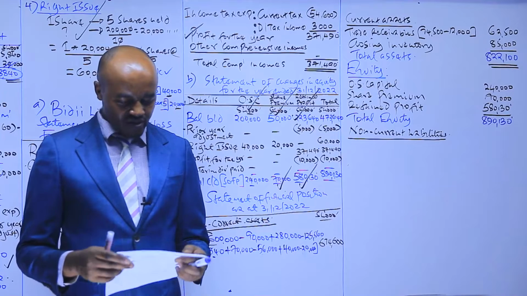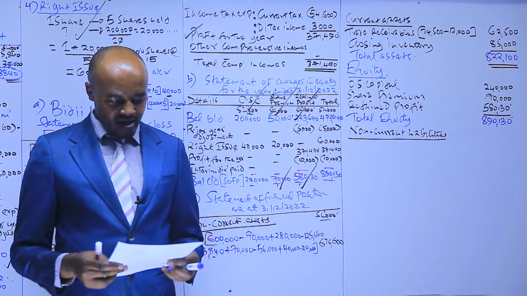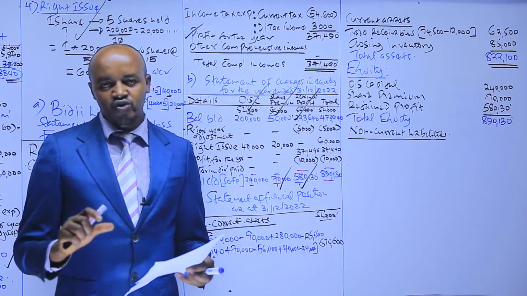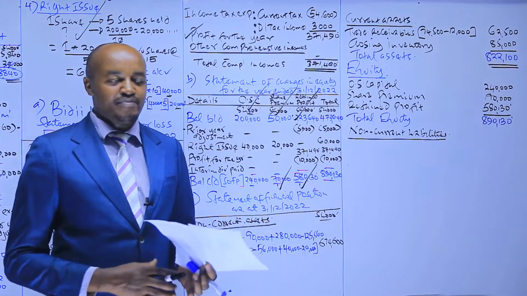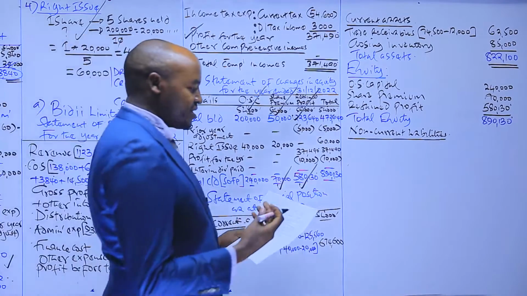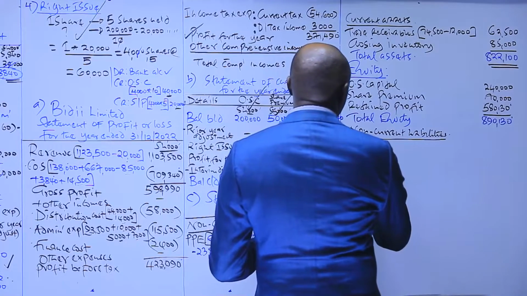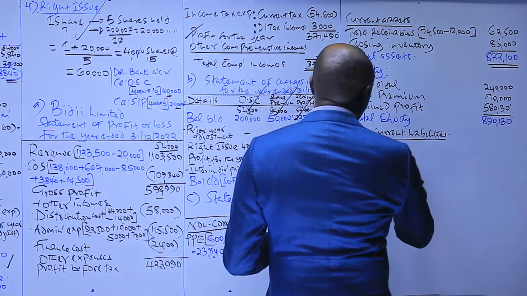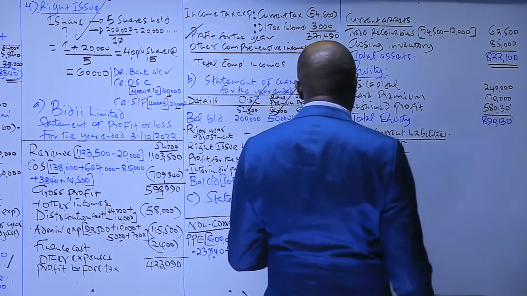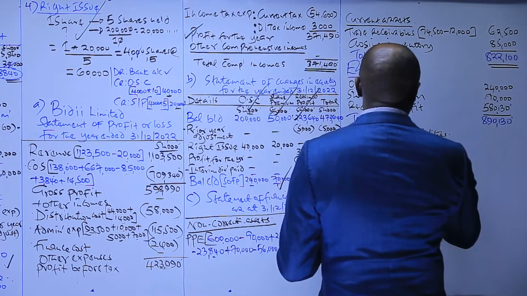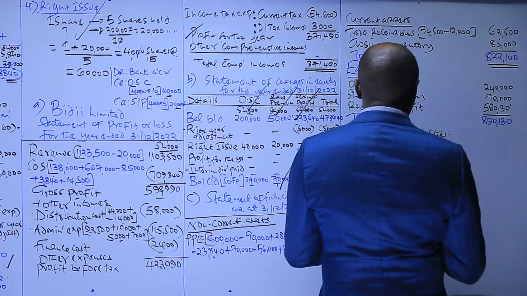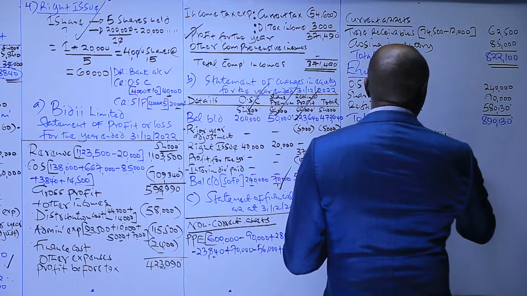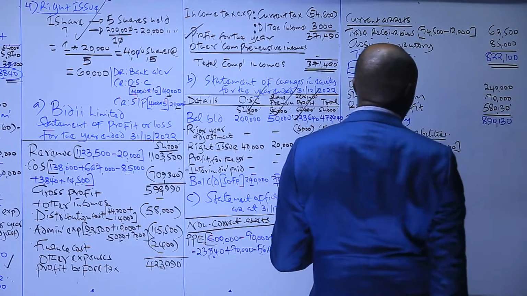32,400. But remember what we are told in note number 4, that the deferred tax provision is to be reduced with how much? With 3 million. So therefore, the amount of deferred tax which will be recorded here as a liability, we take the amount given in the trial balance, which is 32,400, and then we reduce that with 3 million.